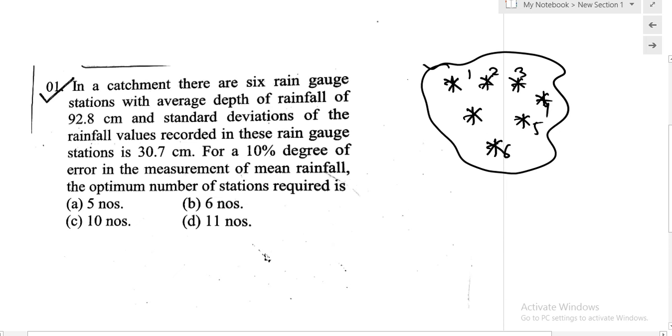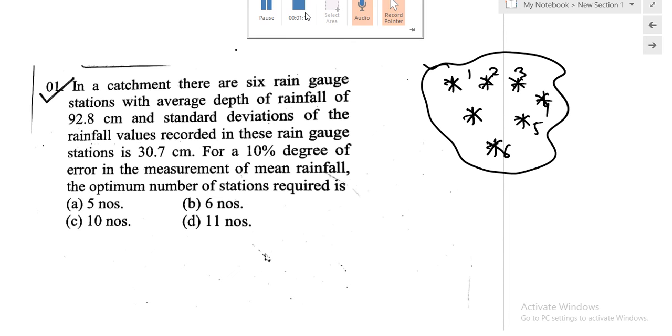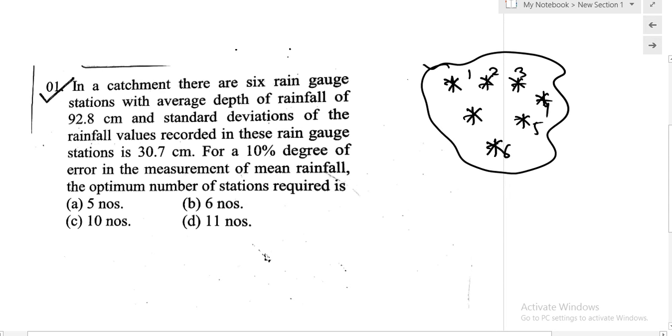These 6 rain gauge stations are measuring an average depth of rainfall of how much?